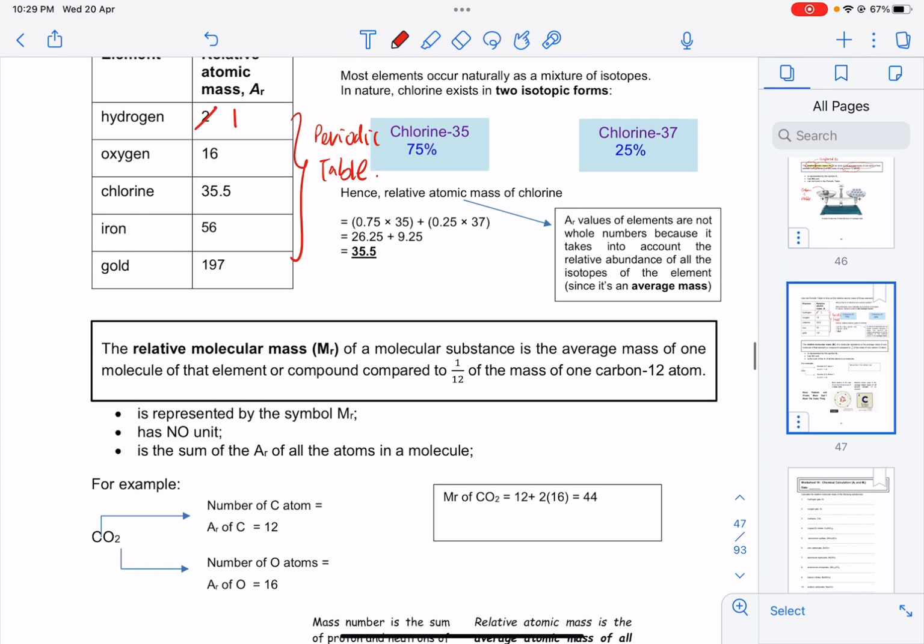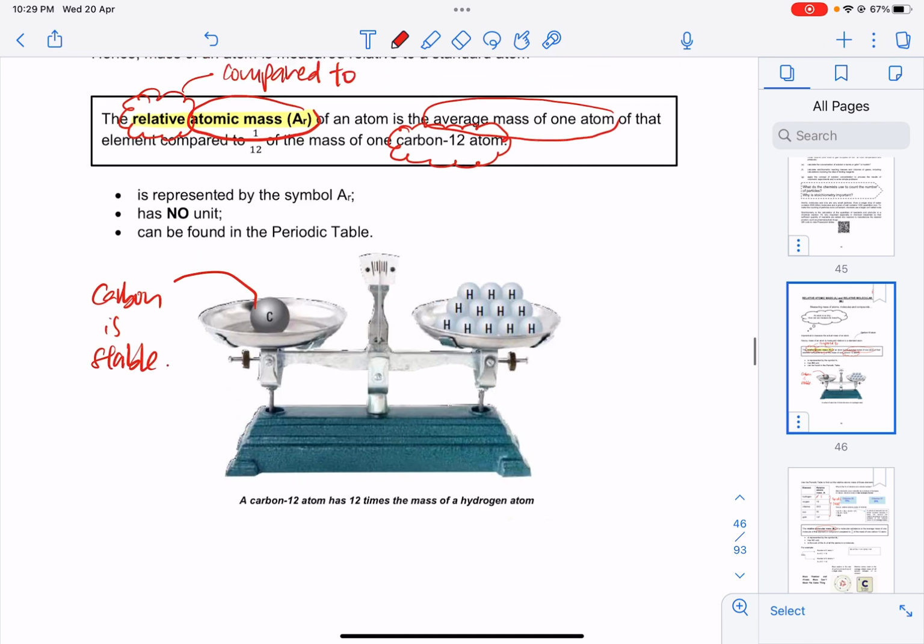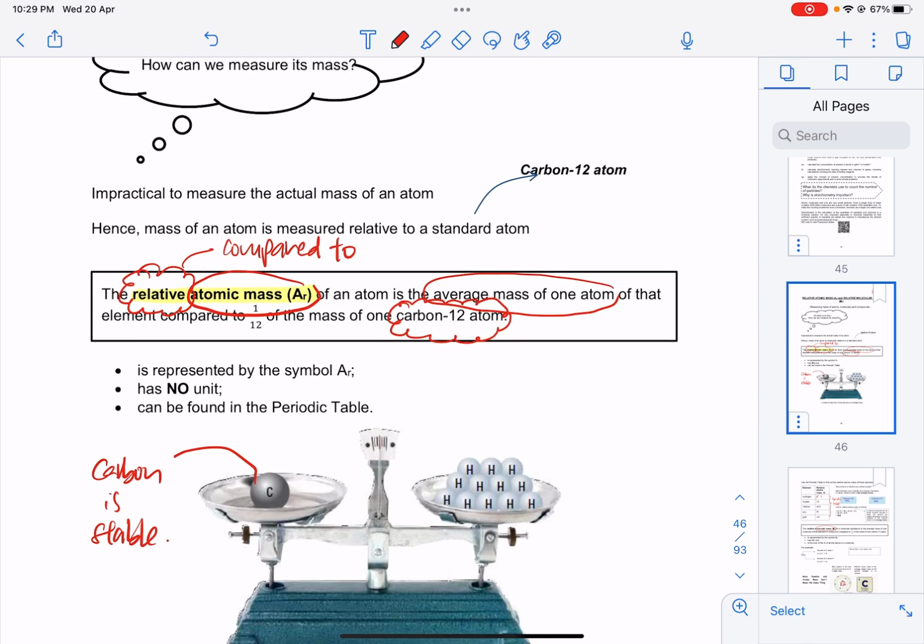Next, let's look at the second definition. The second definition is relative molecular mass. Let's break it down again. What does molecular mass mean? Previously, if I'm talking about atomic mass, then I'm looking at the average mass of an atom.